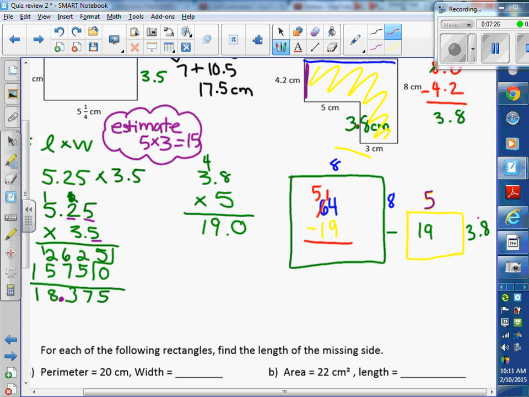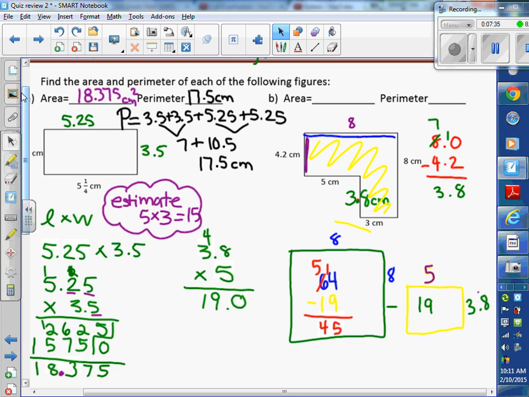Fourteen take away 9 is 5. 5 take away 1 is 4. So my area of the shaded region is 45 square centimeters.